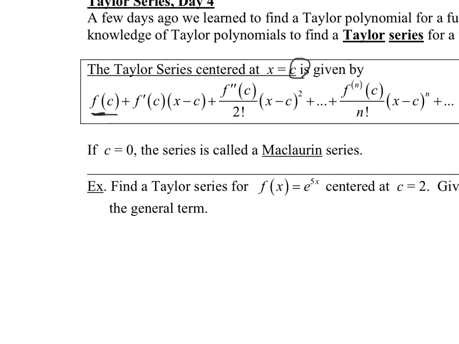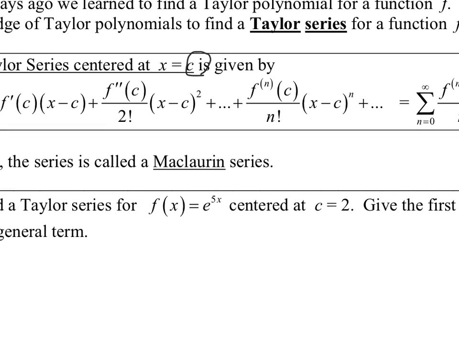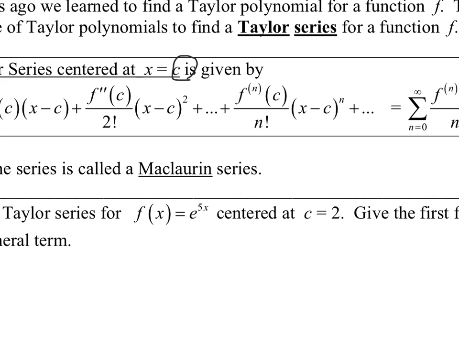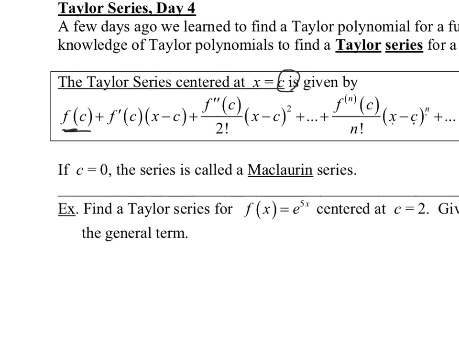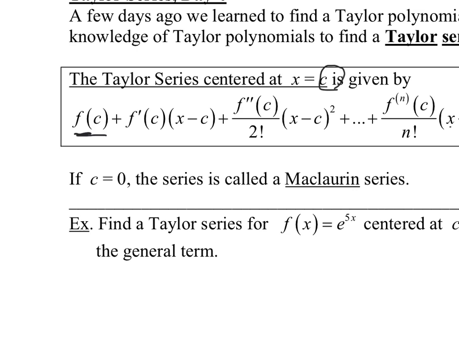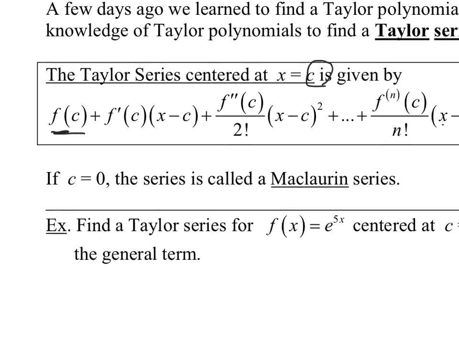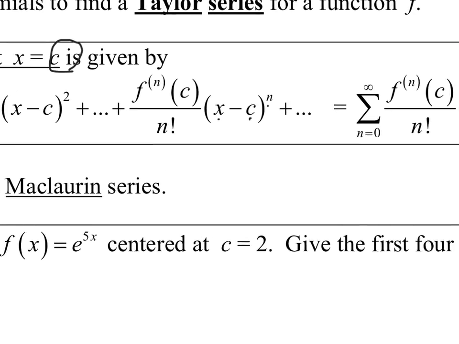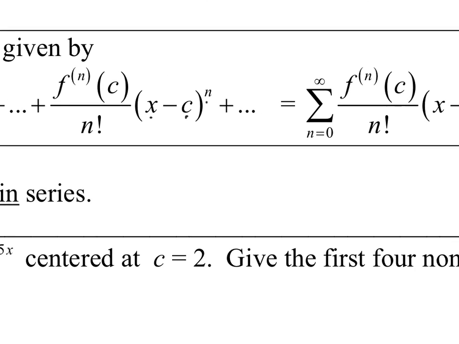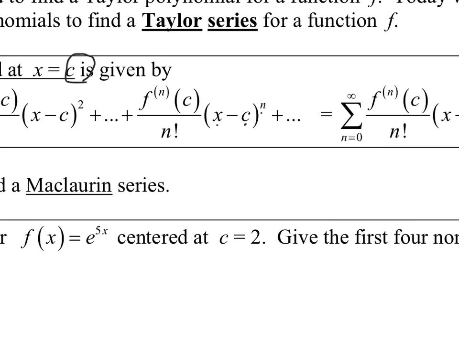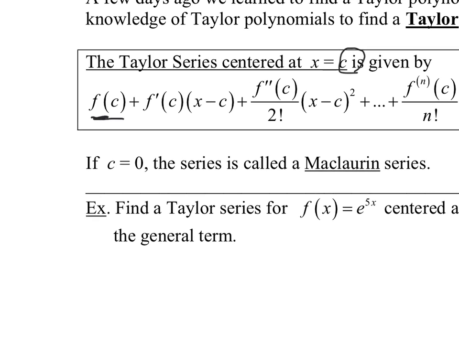We had a reason for that, because we had a general term: it was always what derivative evaluated at c, over what derivative factorial, and x minus c raised to whatever derivative we were going to, and we're building it. So obviously your first term, if you have a function, is not a derivative, because when you plug in the 0, it's just its function. So that is why we got just f of c.